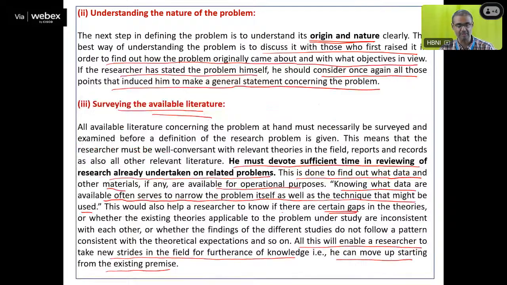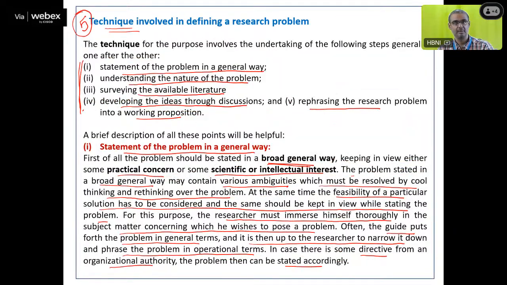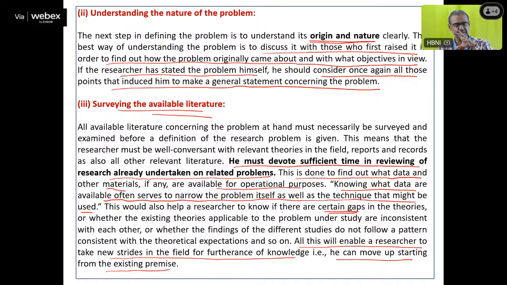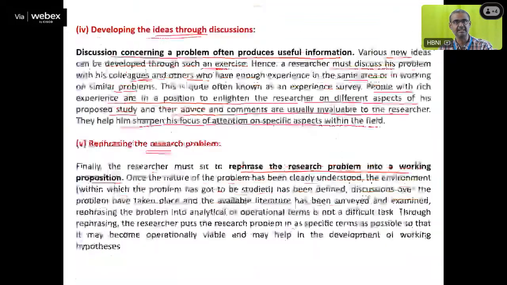So you have considered all this. You have made the statement in a general way. You have investigated and studied a lot in your area. You have done enough literature survey.